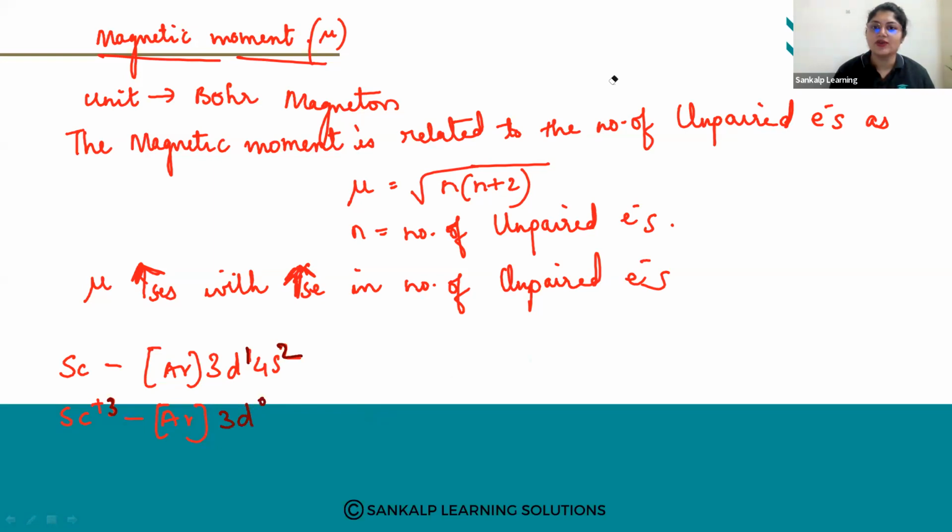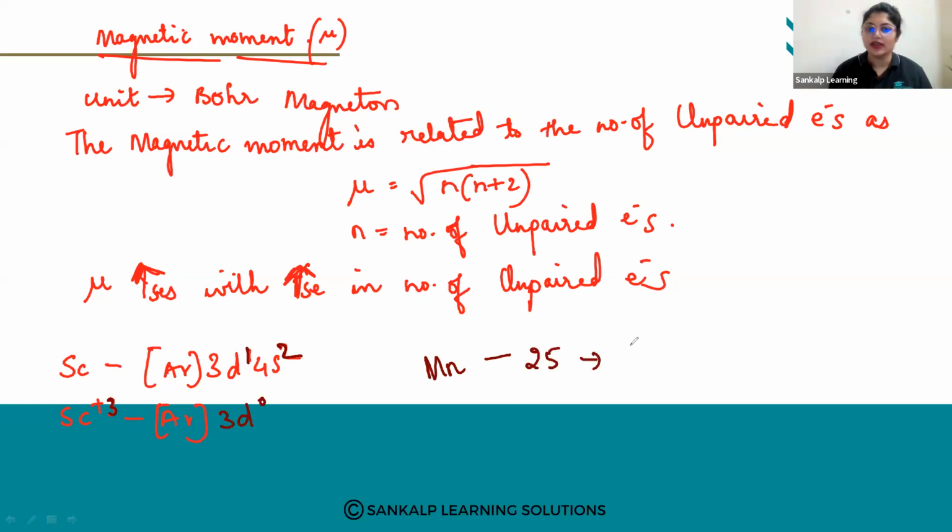Next we can find it for Mn. The atomic number of Mn is 25.